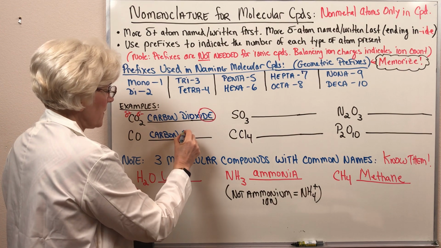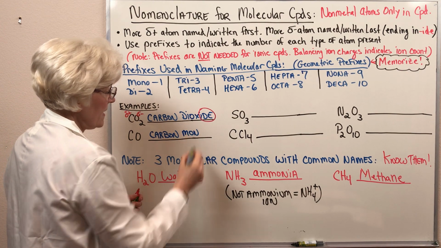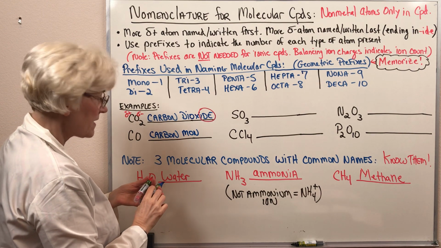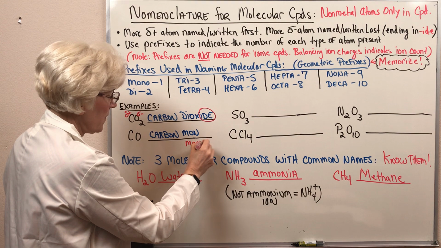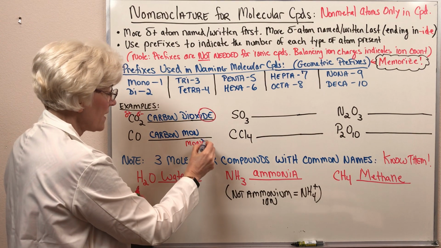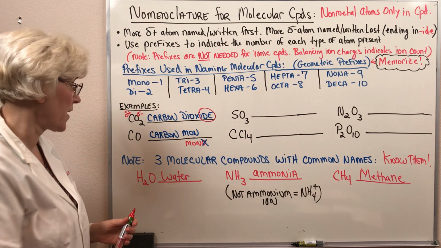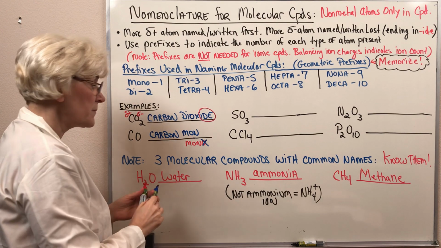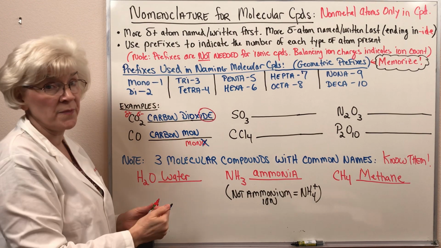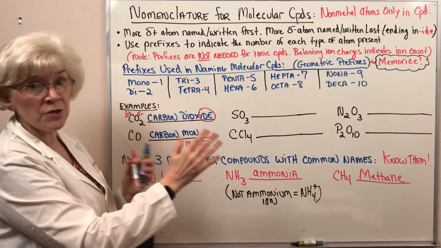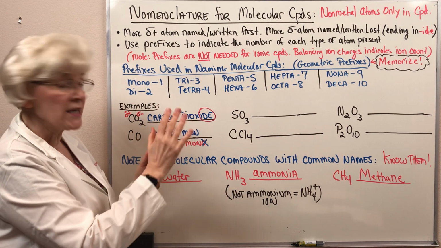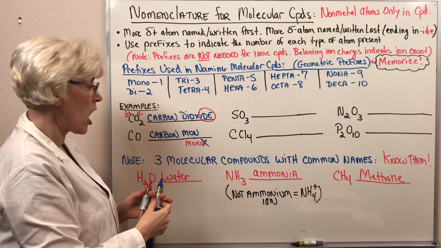So notice what I've done here. I've removed that O off of mono because the element oxygen also begins with a vowel. And in the English language, two vowels adjacent to each other is not common.